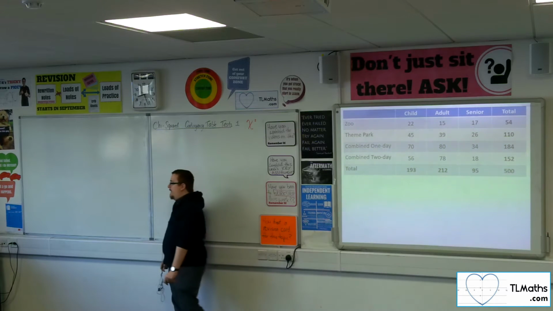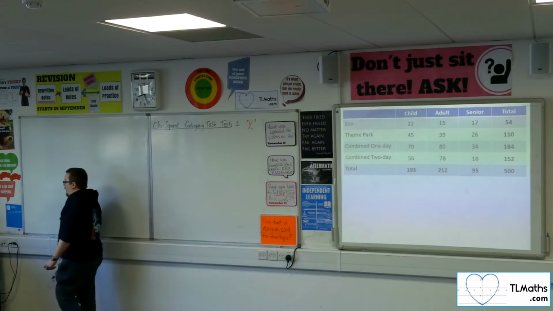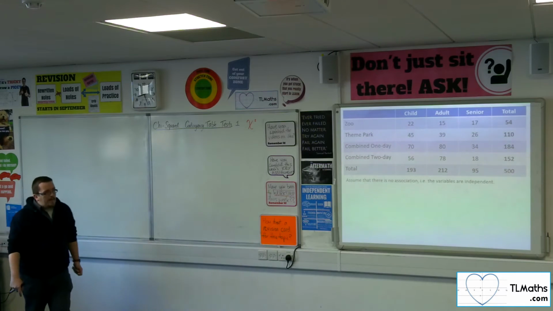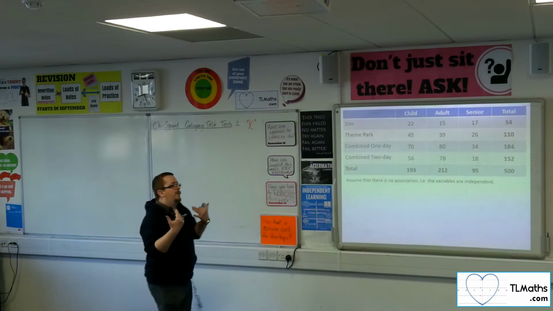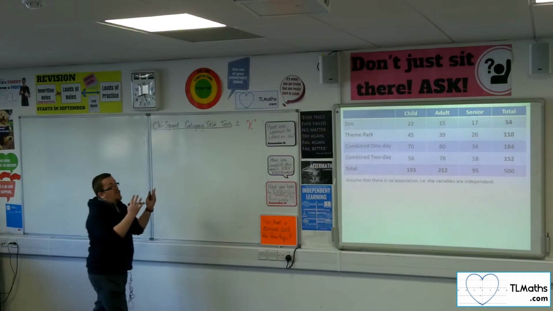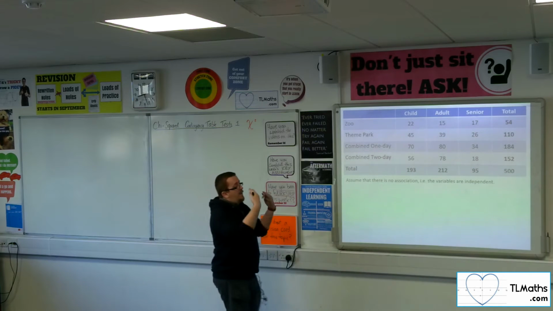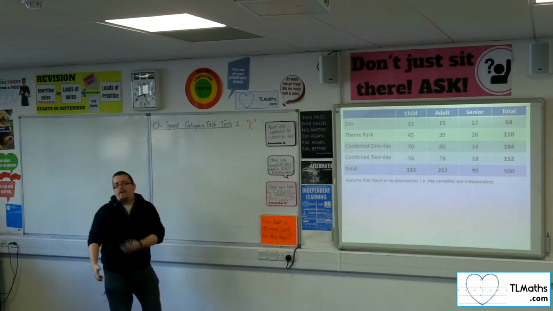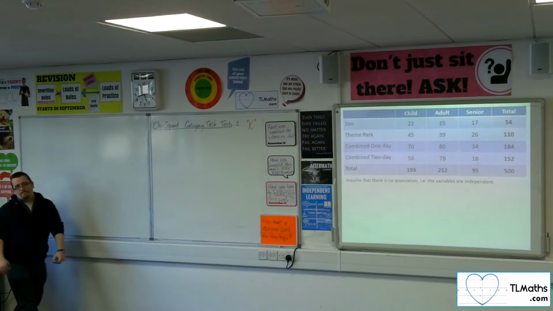Okay, so these are the observed values, okay? So what we do is, if we were to assume that there was no association between the type of ticket being bought and the person that's buying the ticket, we would be assuming that the variables are independent of one another, okay?